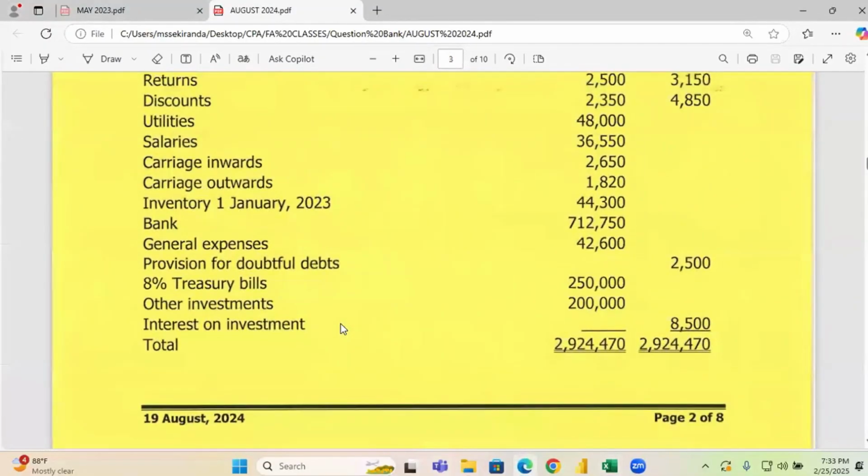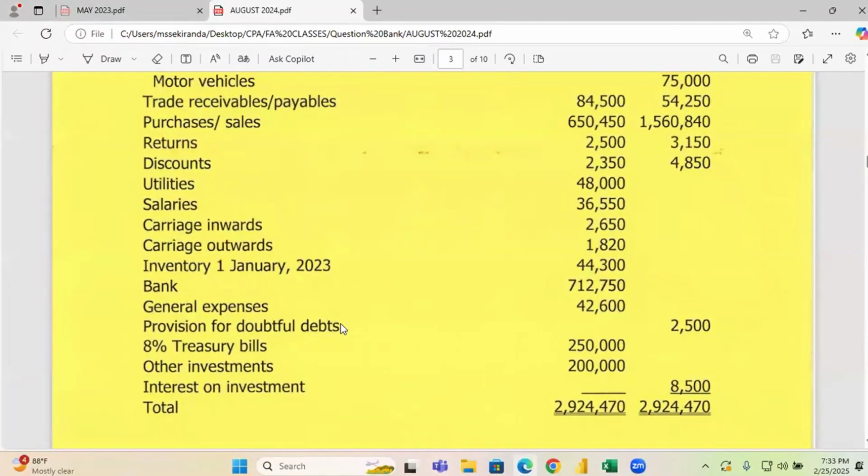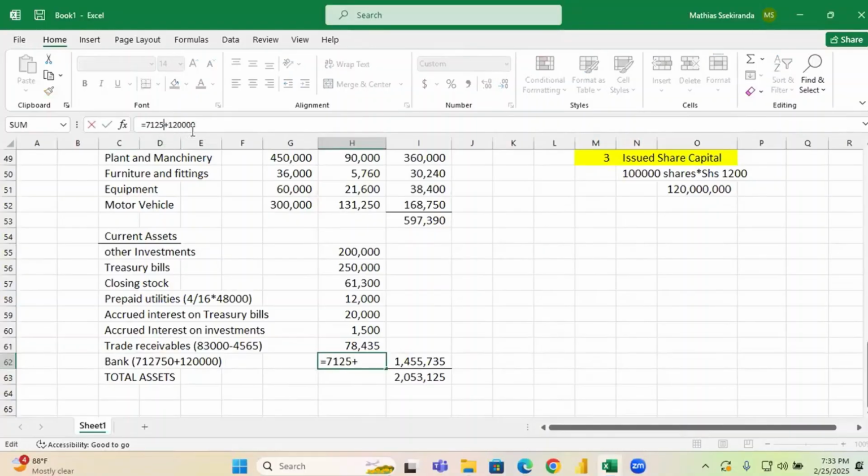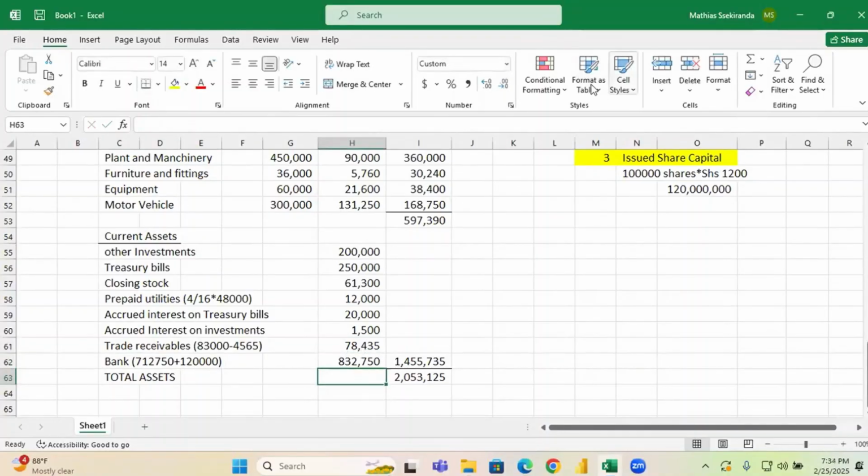CPA, give me the figure of bank. It is 712,750. Okay. So 1,455,985.